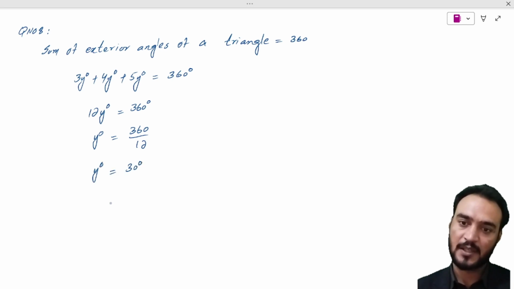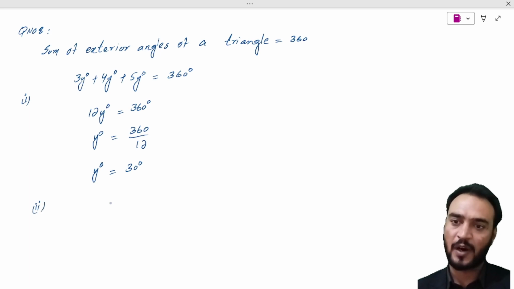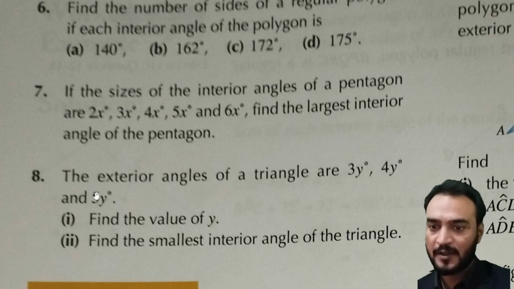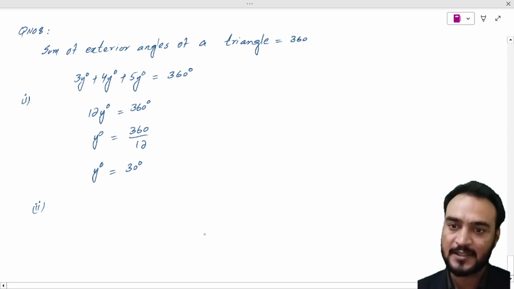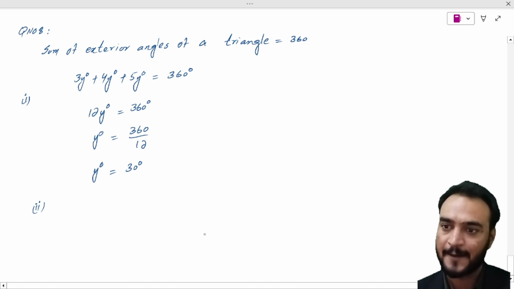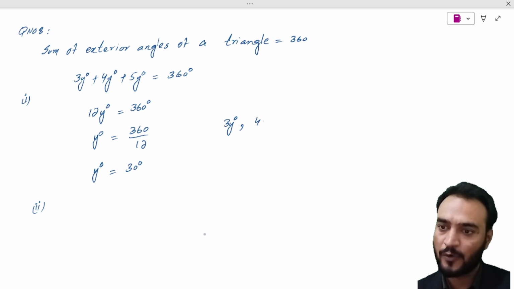This becomes part 1, the value of y, and part 2 is we have to find the smallest interior angle. These are the exterior angles: 3y degrees, 4y degrees, and 5y degrees.